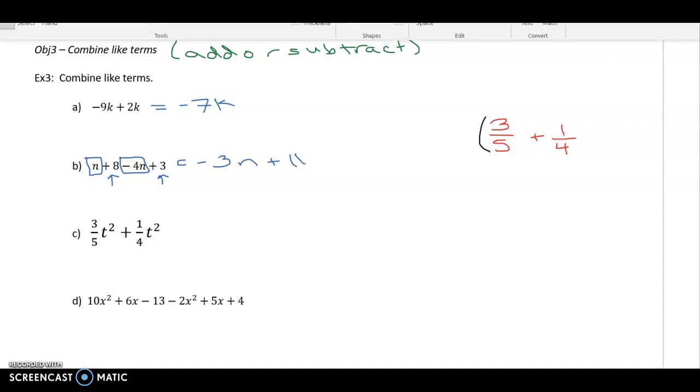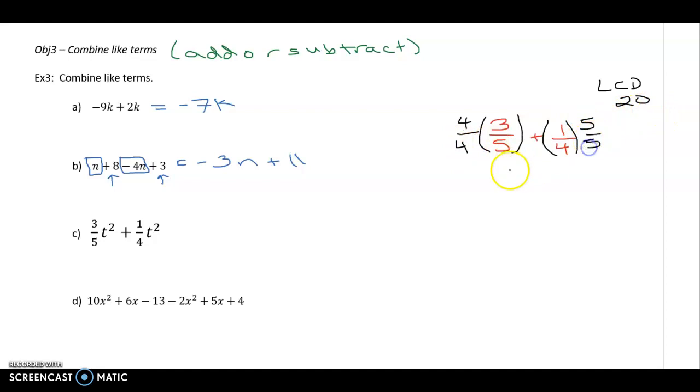Let me see. Okay. So we're working on common denominators. So we have 3/5 and 1/4. The LCD would be 20. So I'm going to multiply the first fraction by 4 over 4, the second fraction by 5 over 5.